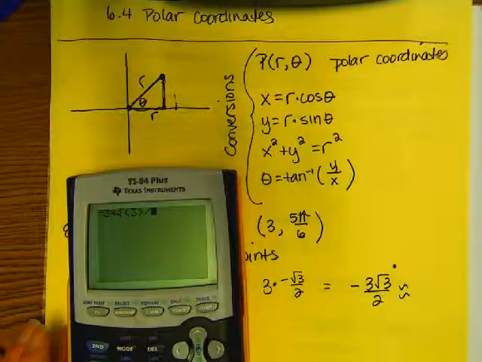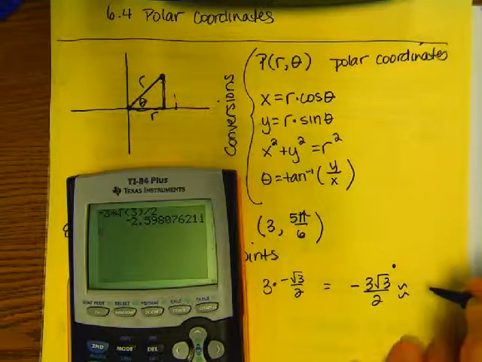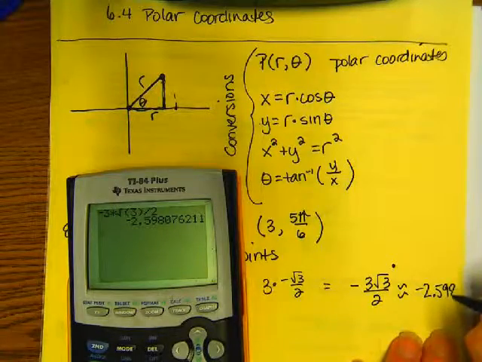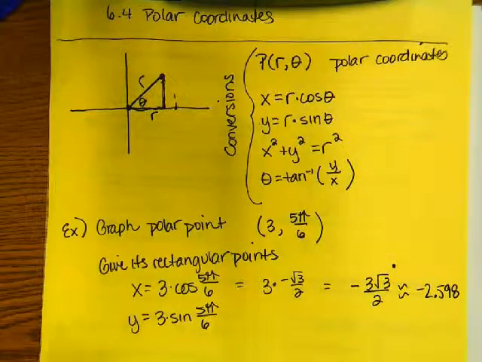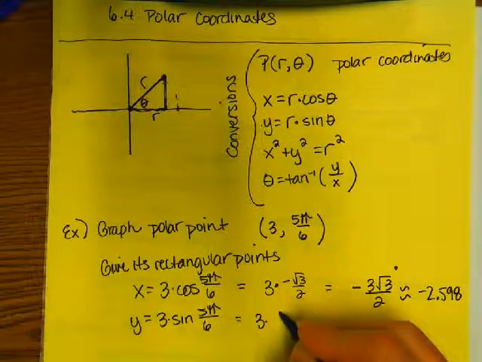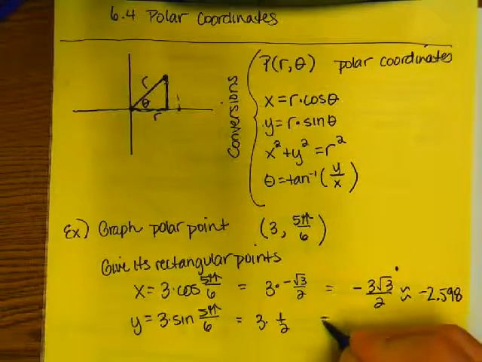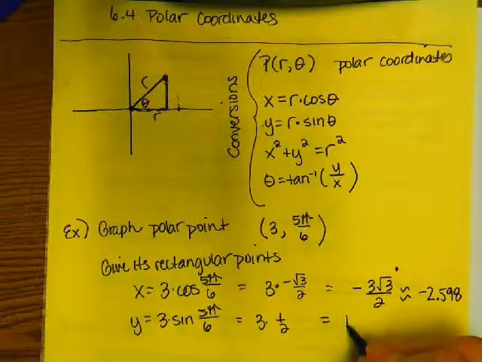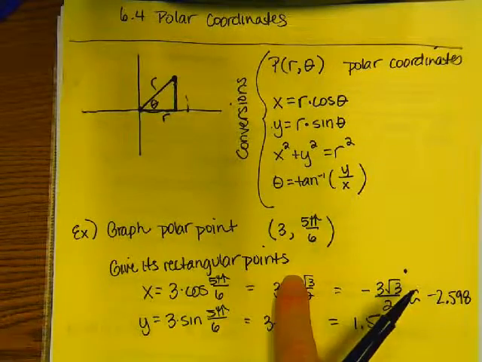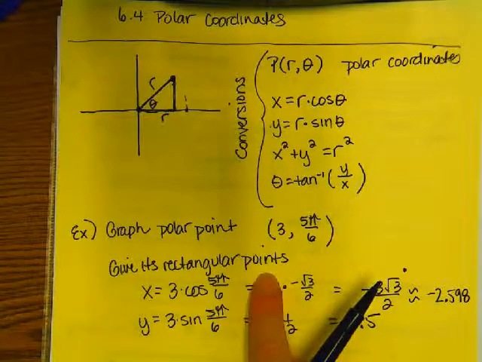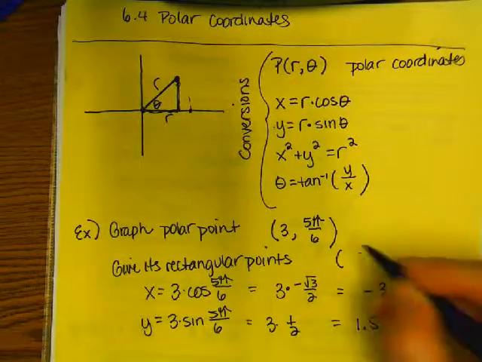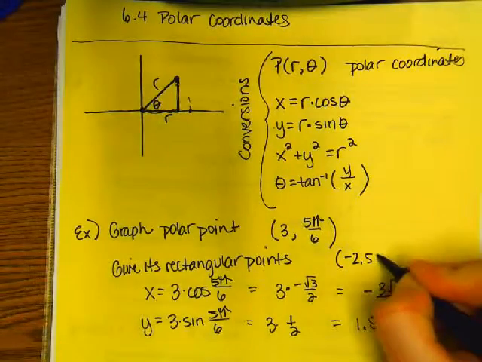So approximately negative 2.598. And the sine of 5 pi 6 was 1/2, so this would be 3 times 1/2, which is just 1.5. So it's rectangular points. Rectangular refers to x and y. Would be negative 2.598 and 1.5.